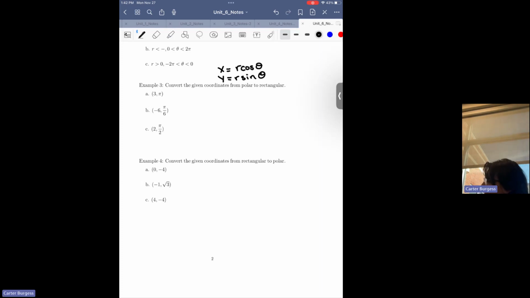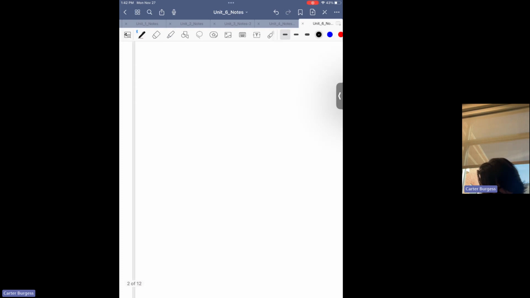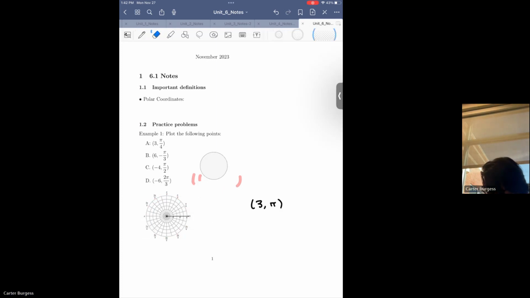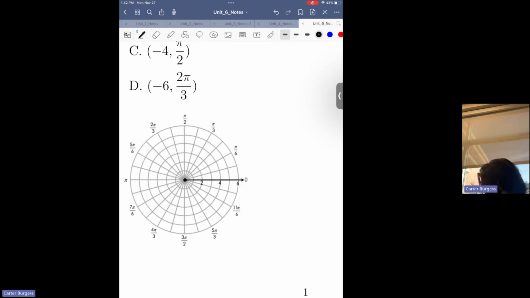We don't really need these to approach this one. This one's actually fairly straightforward. For instance, if we wanted to just think about the point 3 comma pi, what is this telling us to do? Where am I starting? Right by 3. And which direction am I rotating? Although here it doesn't really matter.